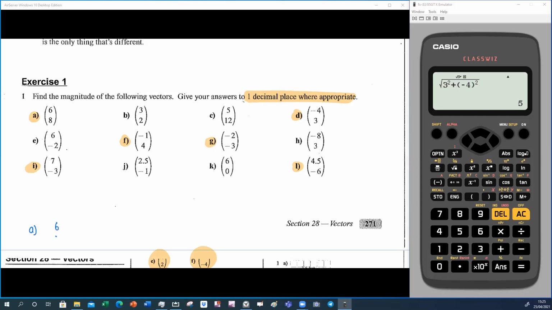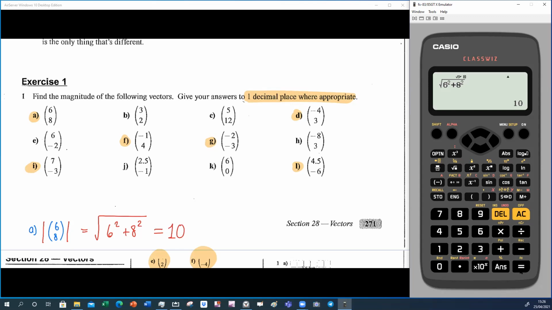So the magnitude. Now, if you want to show, so there's your vector 6, 8. You want to work out the magnitude of it. Then we jump on the calculator. 6 squared add 8 squared is equal to 10.